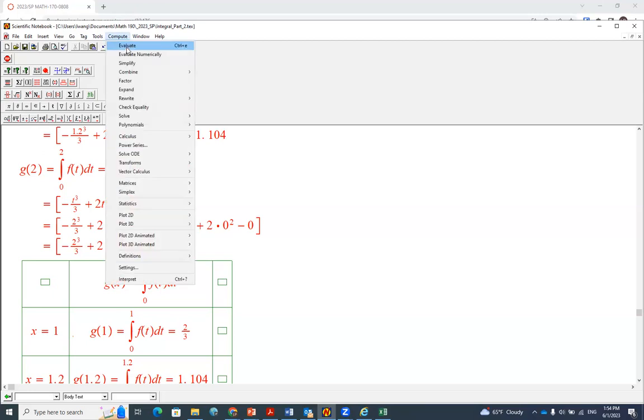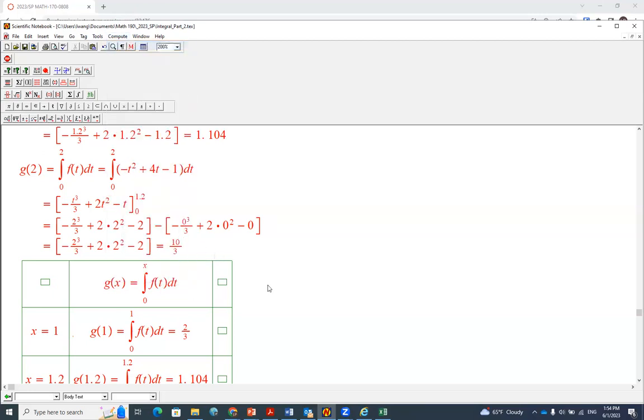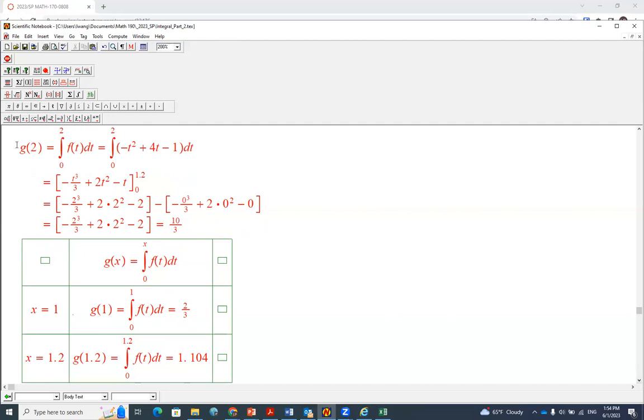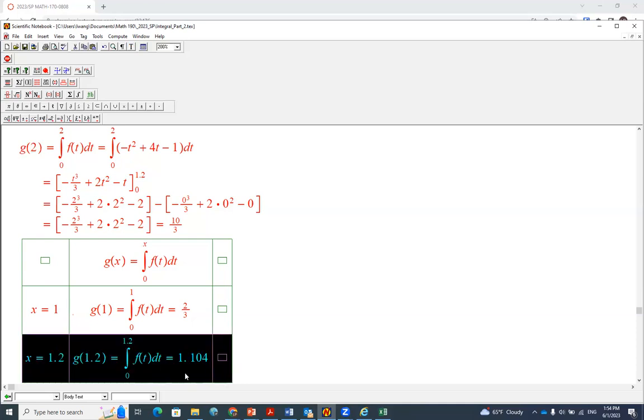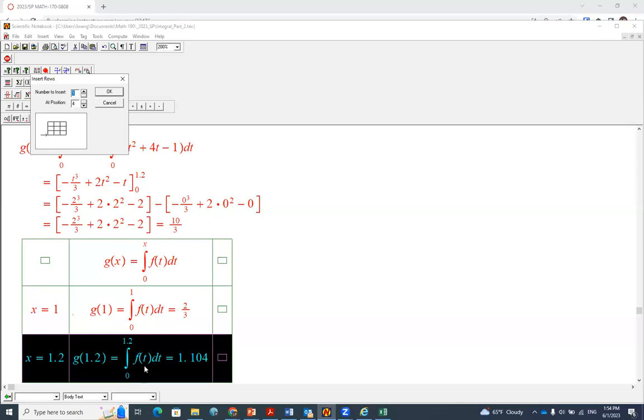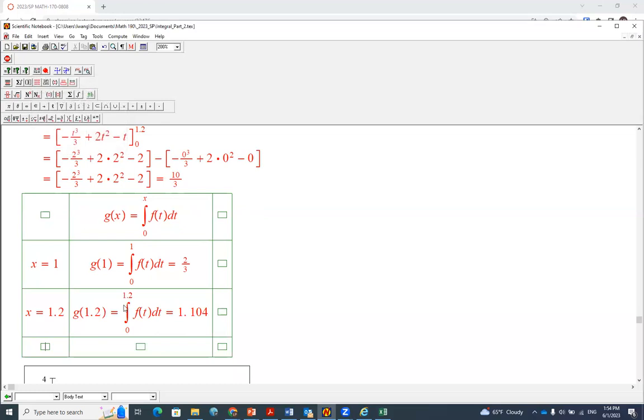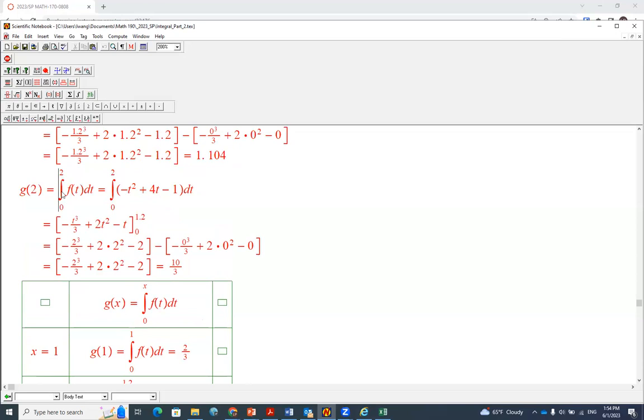And I put in my calculator, I get 10/3. So when I have G of 2, when X equals 2, what is G of 2?